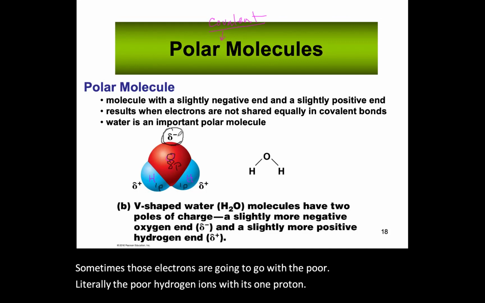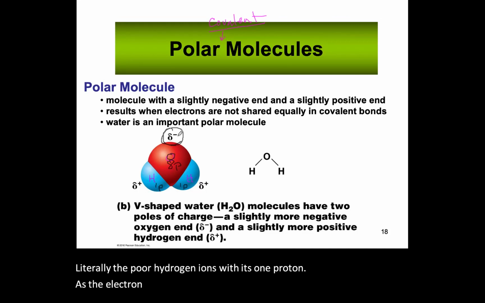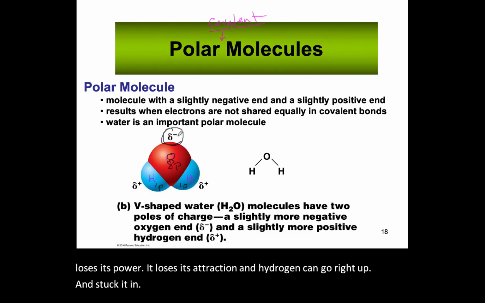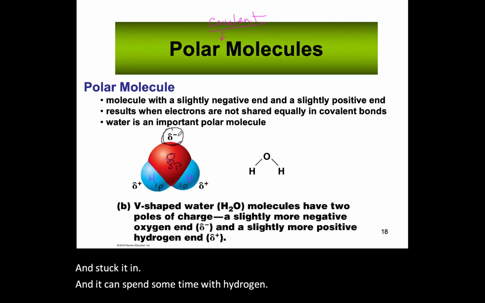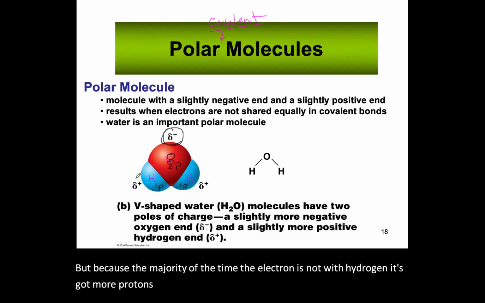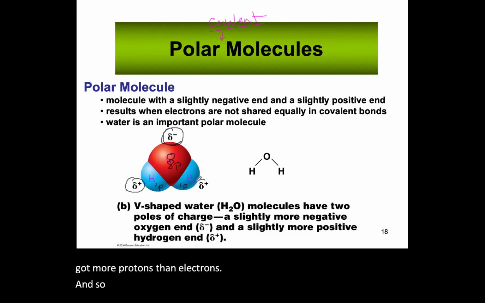As the electron moves further away from the nucleus of the oxygen, it loses its power, it loses its attraction, and hydrogen can go and suck it in. And it can spend some time with hydrogen. But because the majority of the time the electron is not with hydrogen, it's got more protons than electrons. And so therefore, it's a partial positive charge.